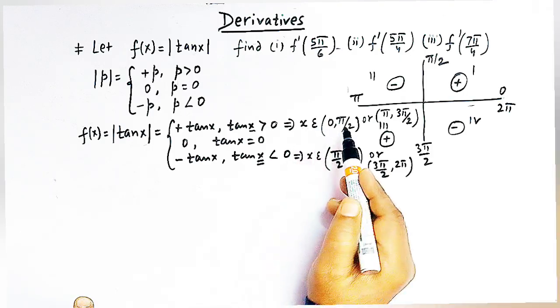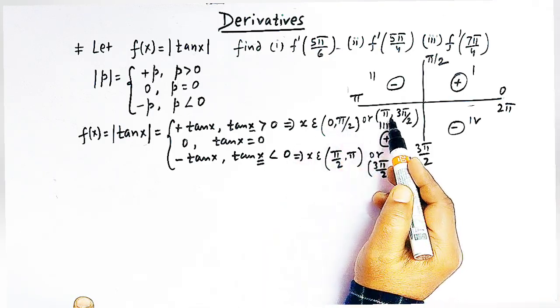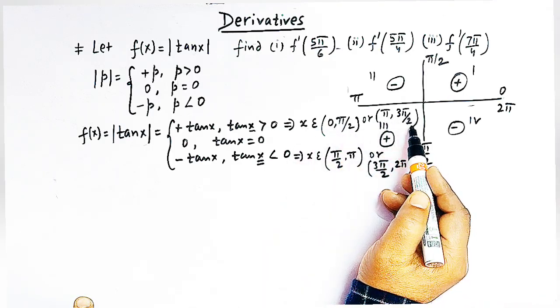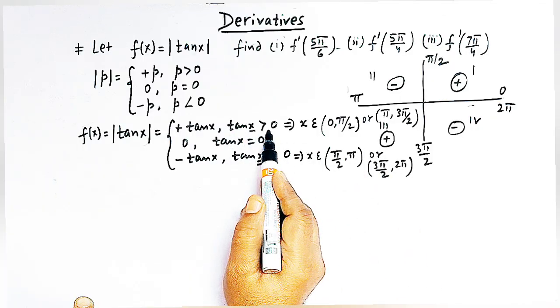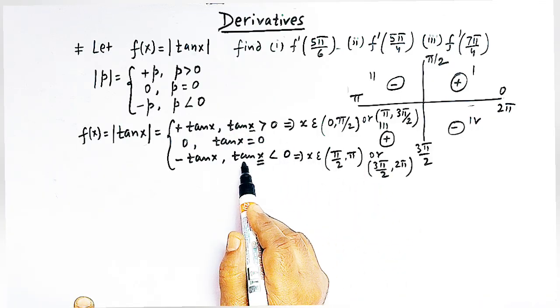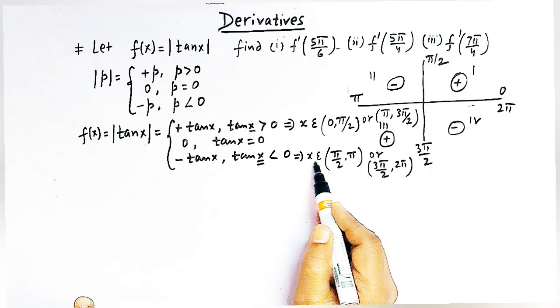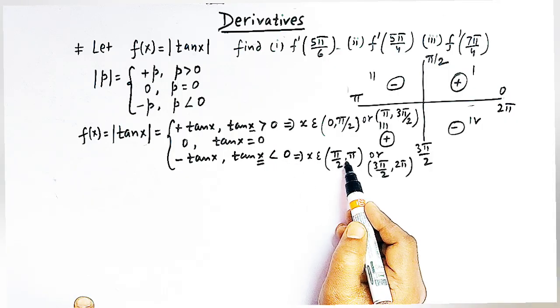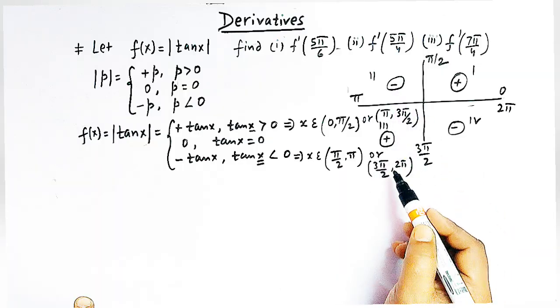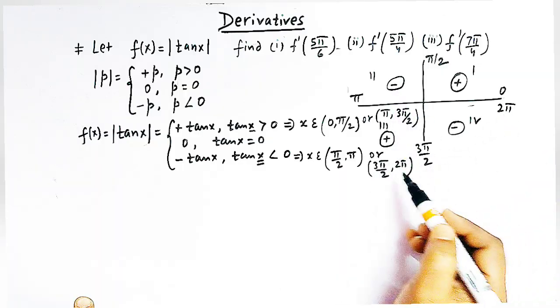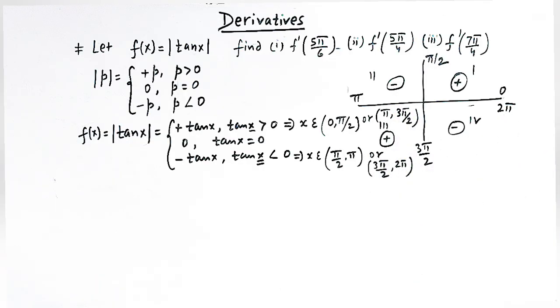So when x belongs to 0 to pi by 2 or pi to 3 pi by 2, then tan x is greater than 0. And when tan x is less than 0, x should belong to pi by 2 comma pi, that is the second quadrant, or 3 pi by 2 to 2 pi, which is the fourth quadrant.